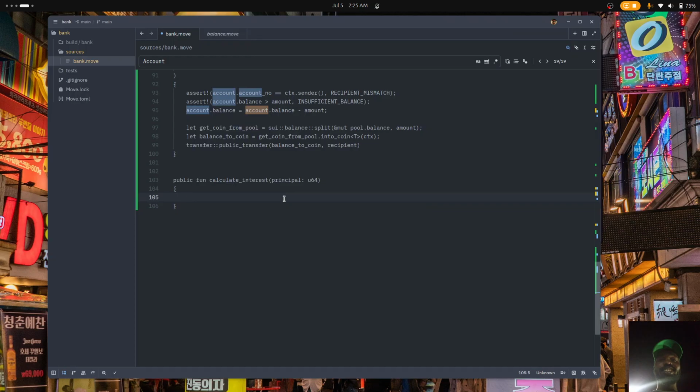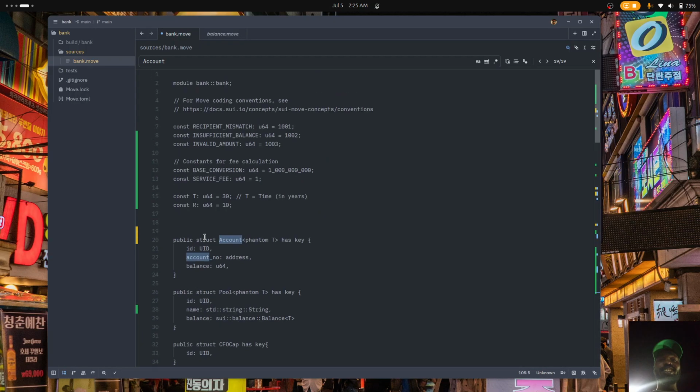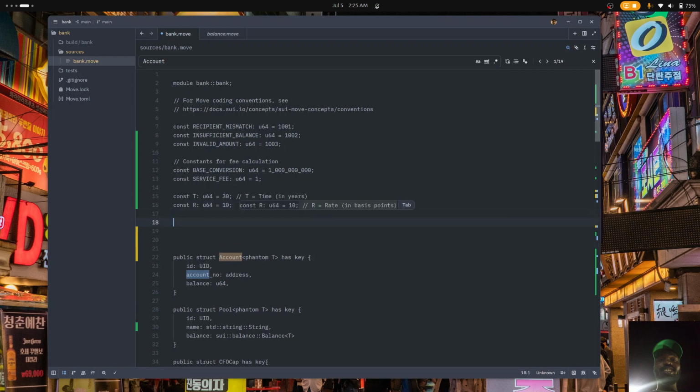So instead of us having just days like this, right, 30 days, we're going to use a constant conversion for time. We're working with seconds instead, so instead of having decimals here, you have seconds, right?